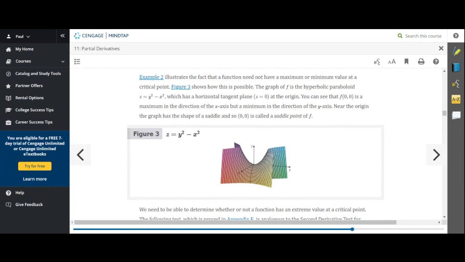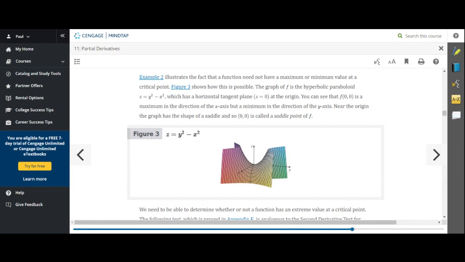You see the point right there in the middle on Figure 3. If you look at where the surface goes down with respect to the y-axis, the bottom point there is a minimum with respect to the y-axis.